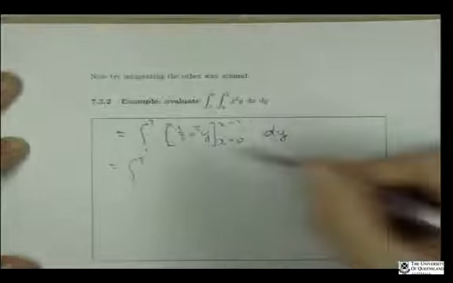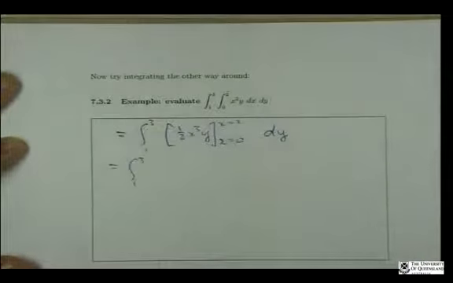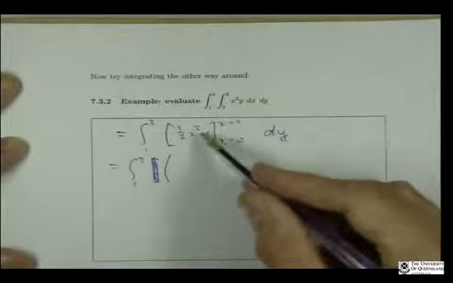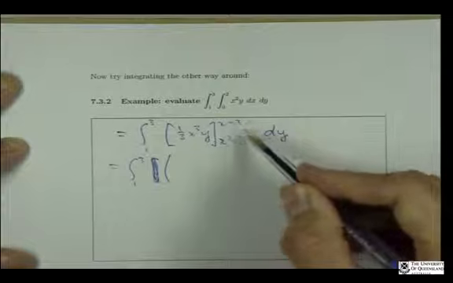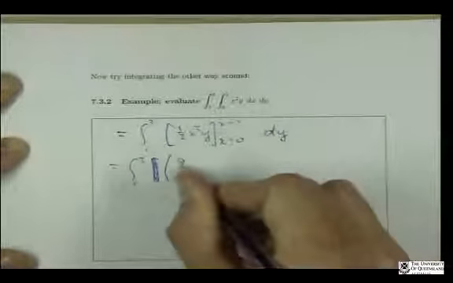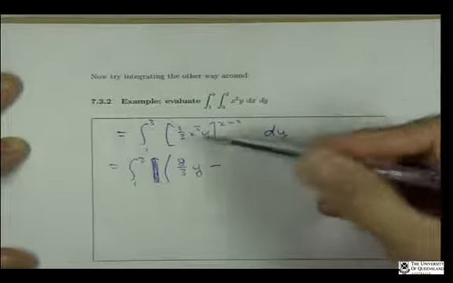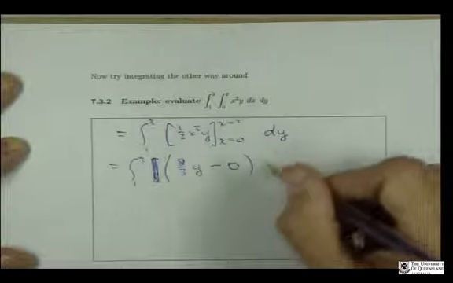All right, so remember I treat y as a constant here, so think of it as partial integration. So substituting in the upper bound, we'll have 2 cubed, which is 8. So that's 8 on 3y minus the value obtained when we substitute that lower bound, which is just 0.